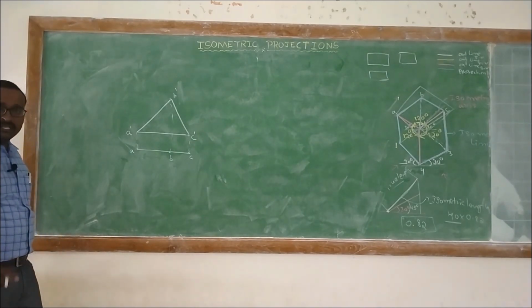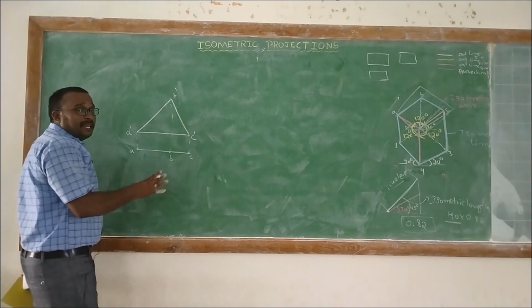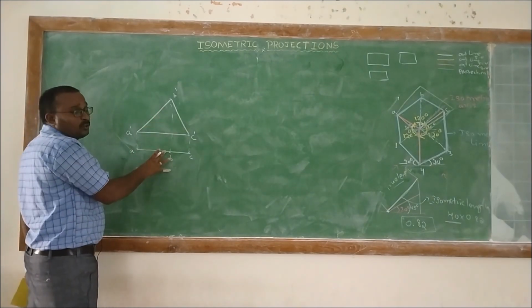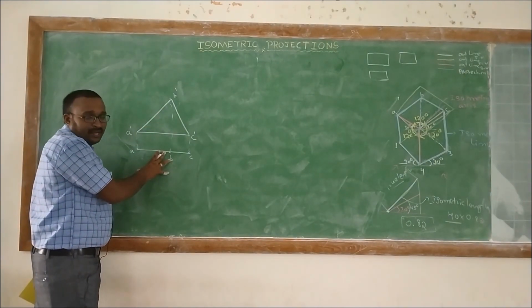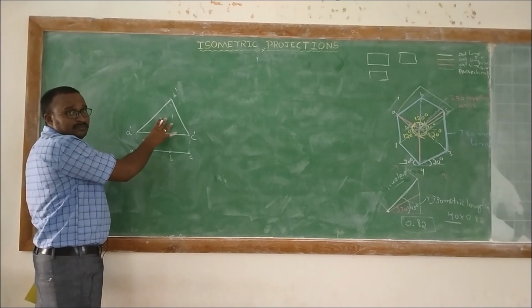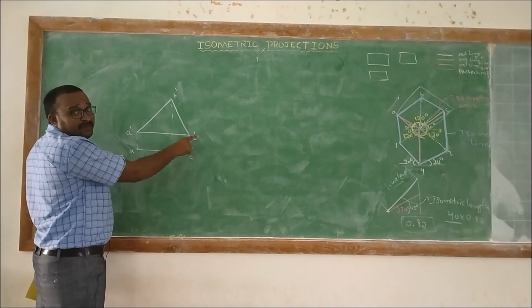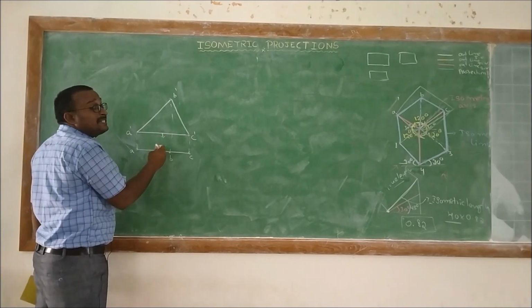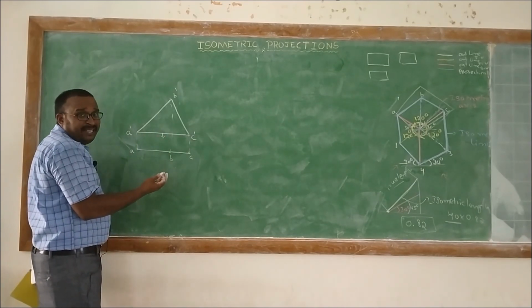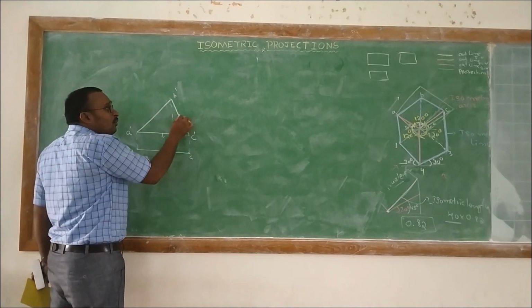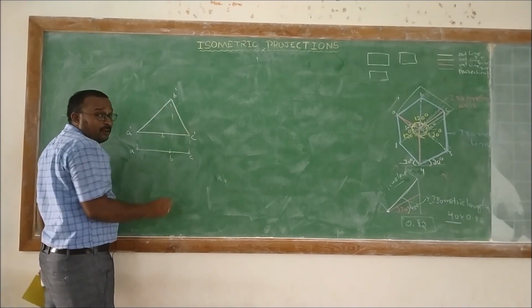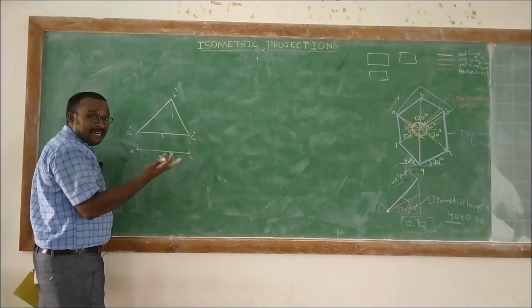I already told you that initially we must study the orthographic view, whatever they have given. So here in this diagram, A dash C dash will be the isometric line because it is a horizontal line. These two are non-isometric lines because these two lines are inclined lines.